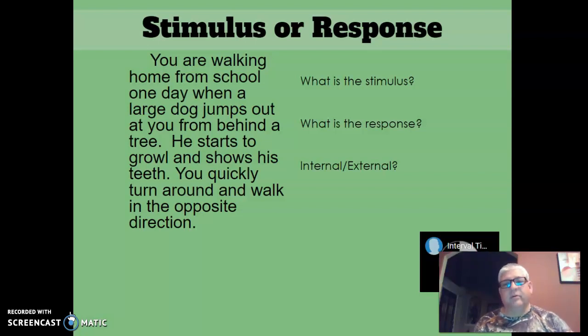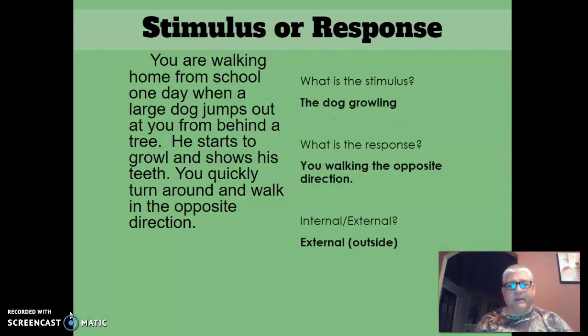It's the dog. The response is how you react. If you turn around and walk away, or if you kick the dog, whatever you do, that's your response. Now, obviously, the response that you have is external. Maybe fear would be something internal, but in this case, walking away is an external response that takes place.